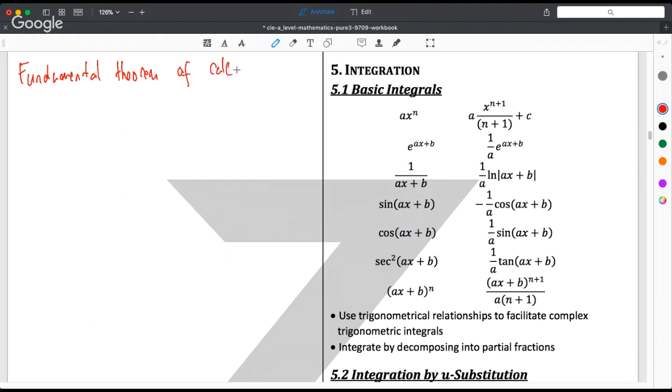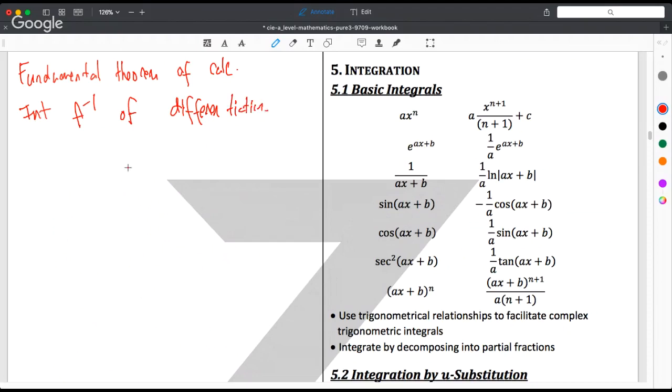I'll just abbreviate this. That is that integration is the inverse process. You can think of integration as an operation, so integration is the inverse process of differentiation. That's sort of how integration is defined.